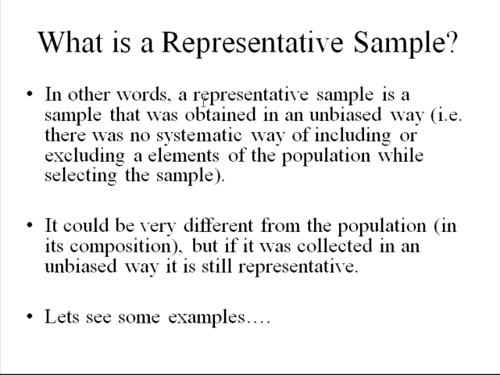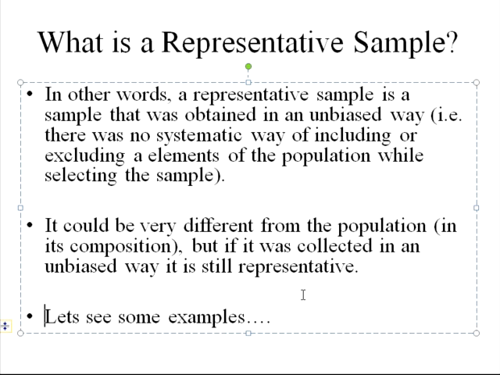It doesn't matter that the sample ends up looking a little different than the population. What matters is that the process was unbiased, that in the process you didn't exclude or include some elements over others. So let's understand this with a couple of examples.